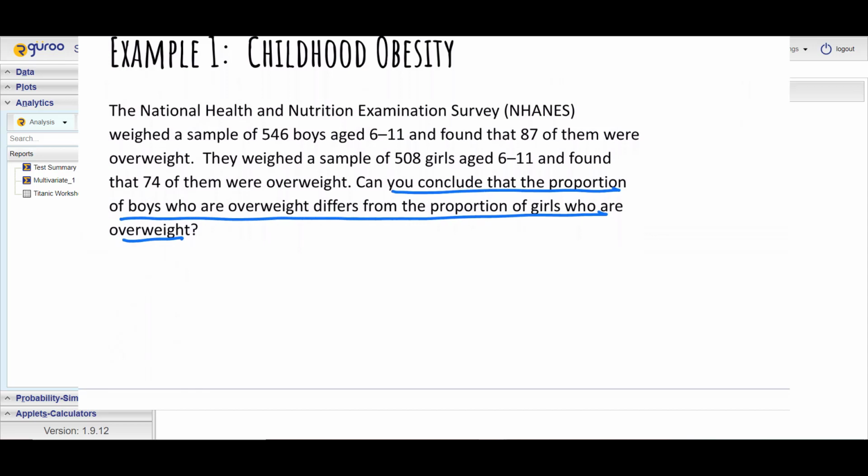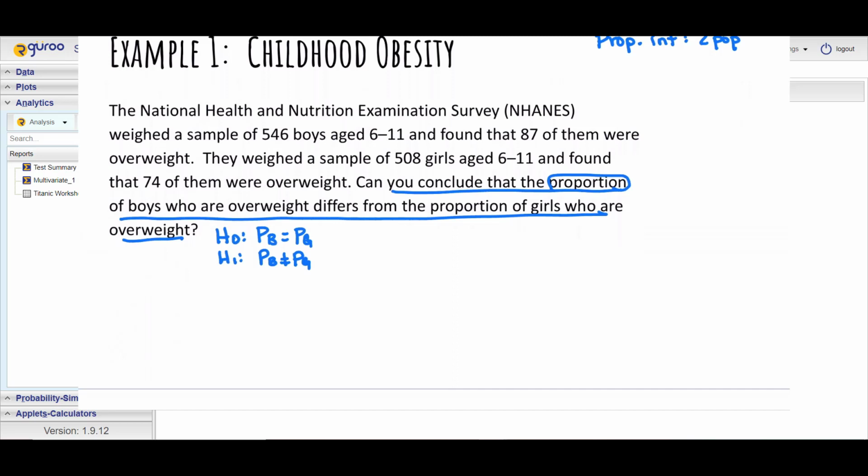So since we're doing a proportion, we're doing a proportion inference, and we're doing two population. All right. So for our null, we're going to assume there's no difference in the proportion of boys who are overweight to the proportion of girls who are overweight. But for our H1, we're going to say that it differs. So we're going to say not equal to.